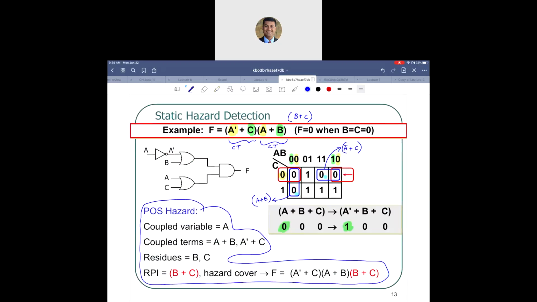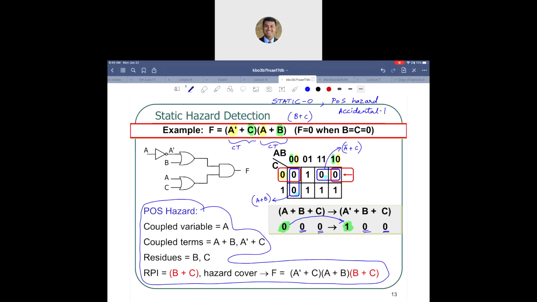So it's called a static 0 hazard, POS hazard, which results in an accidental 1. It happens when things change from 0 to 1 while the other two are the same. In this case, they are both at 0.